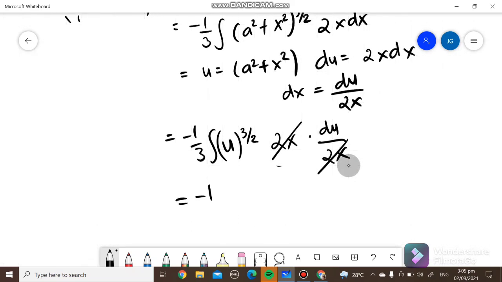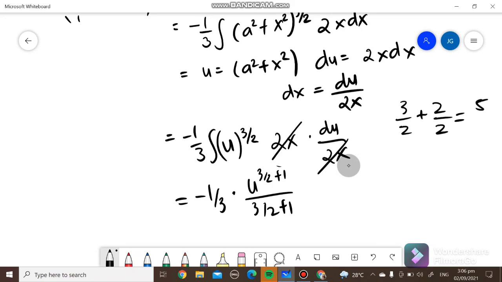So, we will have negative 1/3 the integral of, what's the integral of u raised to 3/2? We have u raised to 3/2 plus 1 all over 3/2 plus 1. So, 3/2 plus 1 is 5/2. So, we will have negative 1/3 multiplied by u raised to 5/2 over 5/2.